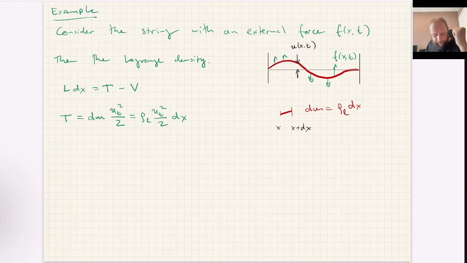Okay, so that's that. What about the potential energy? Well, the potential energy will have two contributions. One contribution comes from stretching the string, and the other contribution comes from this external force. And if I do that, what I'll find is a potential energy.